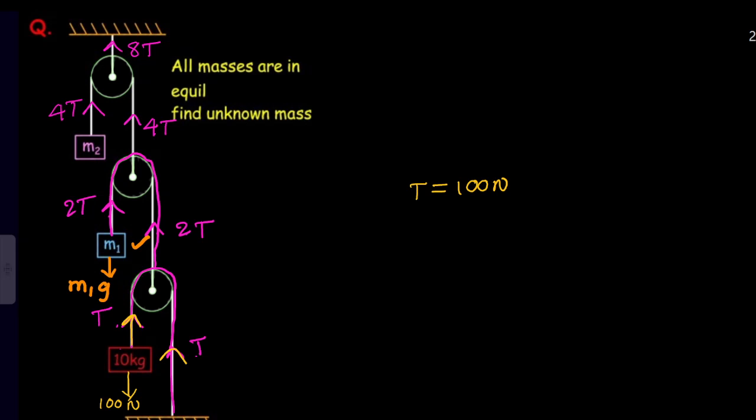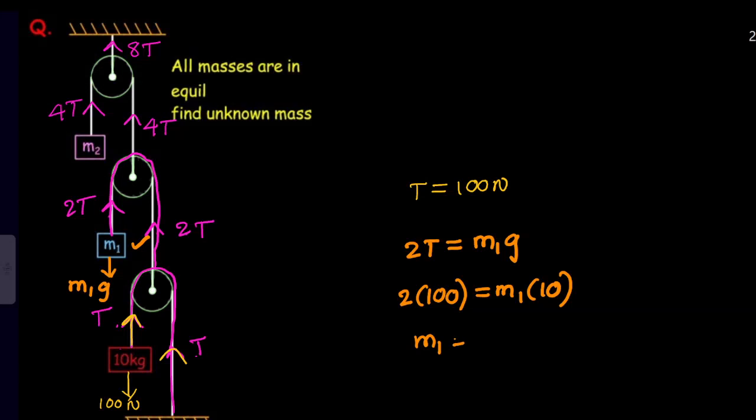Upward force is 2T, downward force is M1G. So 2T equals M1G. The T value we got is 100, so 2 into 100 equals M1 into G, with G value 10. So M1 is 20 kg. That's it.